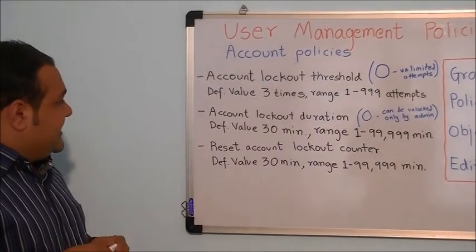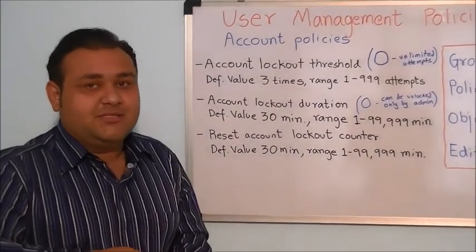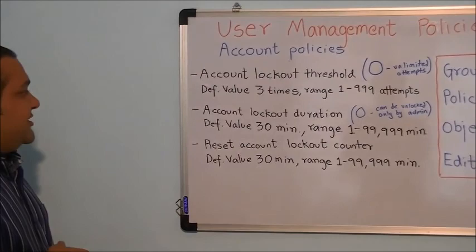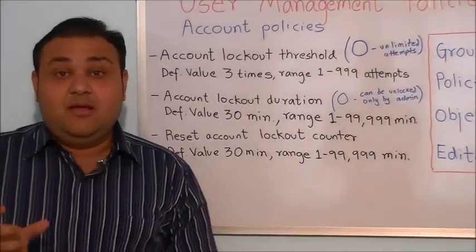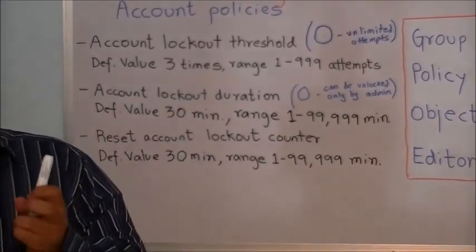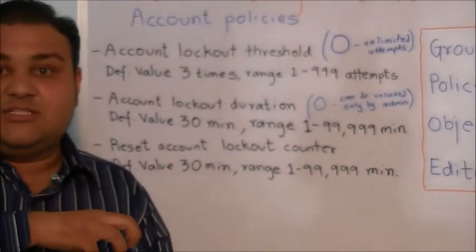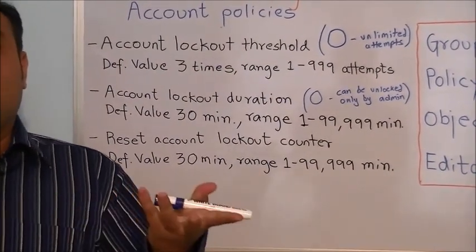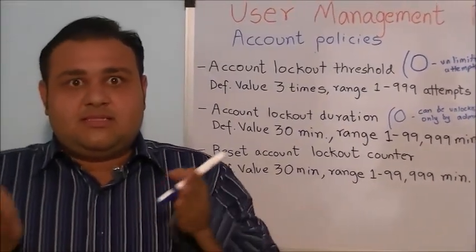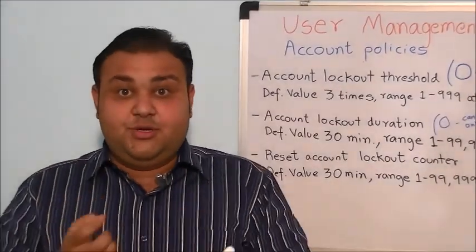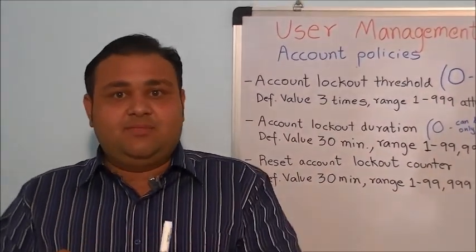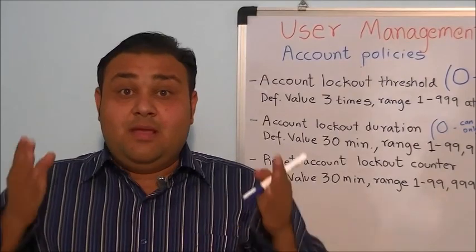Now, let's go to the next part. The next policy is account lockout duration. Account lockout duration states the time period after which the account gets reset from locked mode to normal mode. Let's get back to the same example. John makes some attempts and his account gets locked.